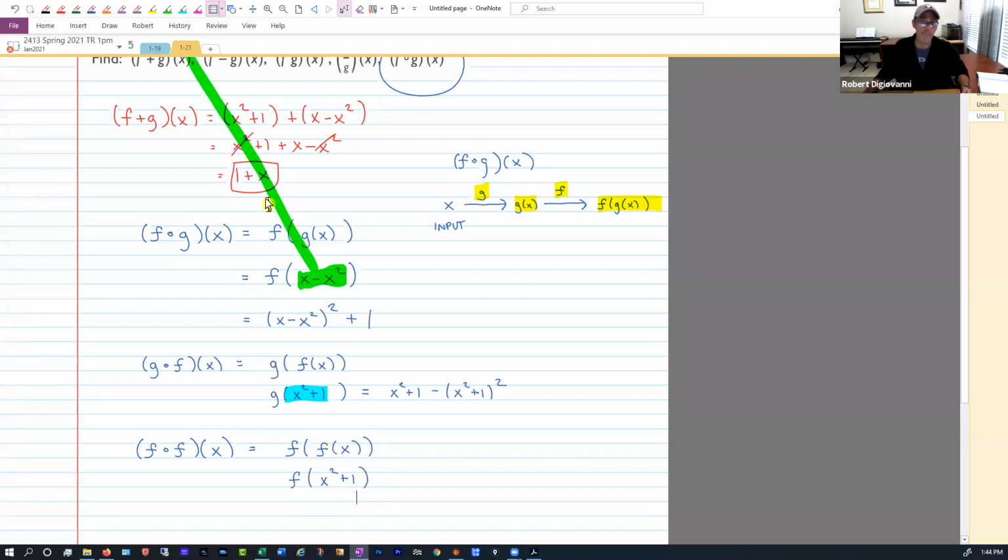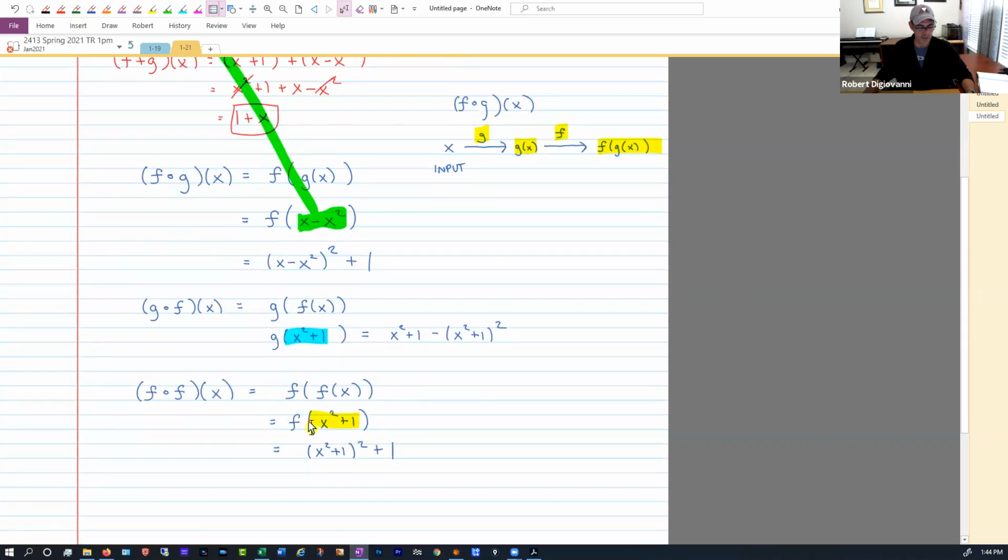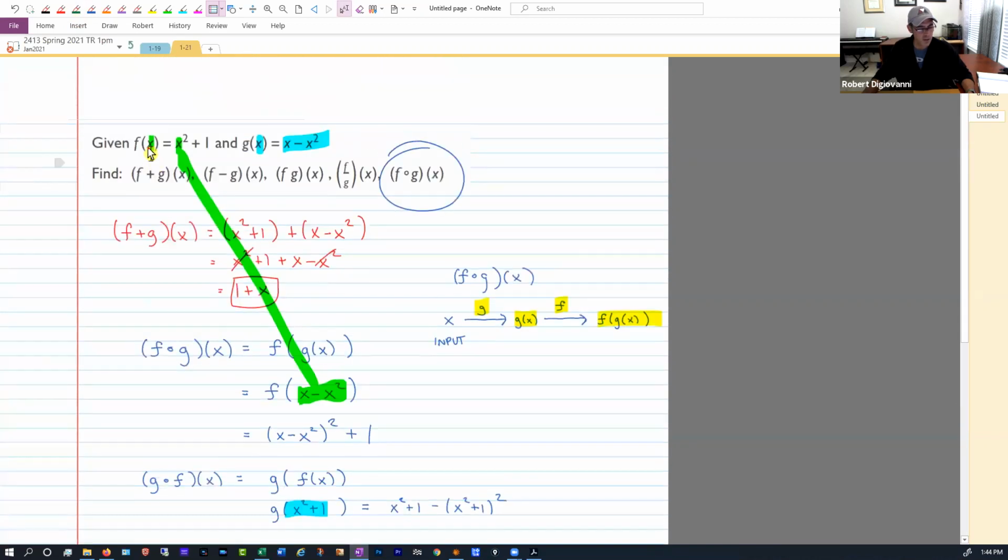And then we're going to plug that back into f. So that means we've got to take this here in yellow and plug it back into x squared plus 1. So it should be x squared plus 1 squared plus 1. That's weird. That's that yellow piece going in right here, which means right there. And so we have to take it and square it and then add 1 again.